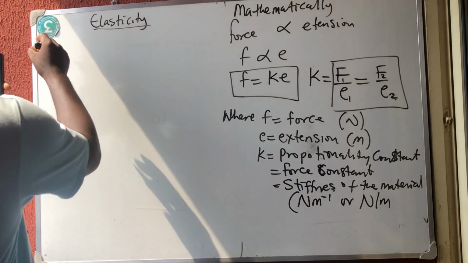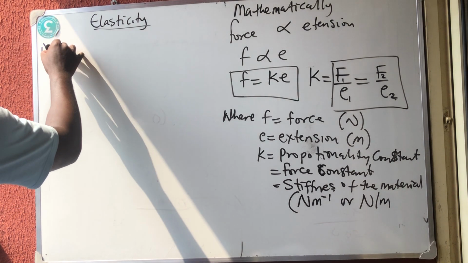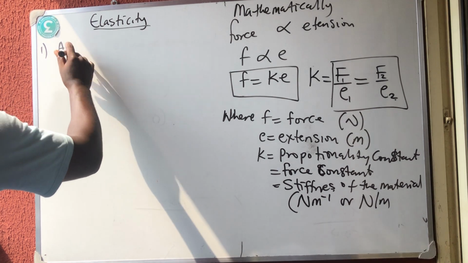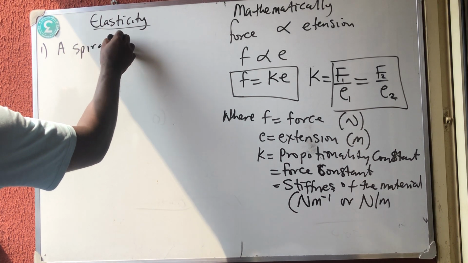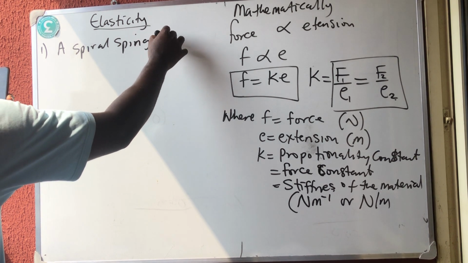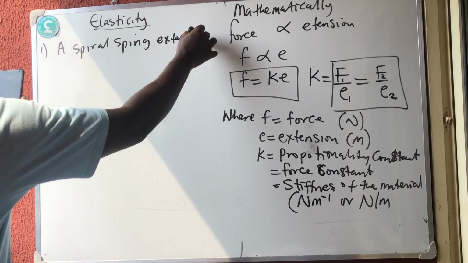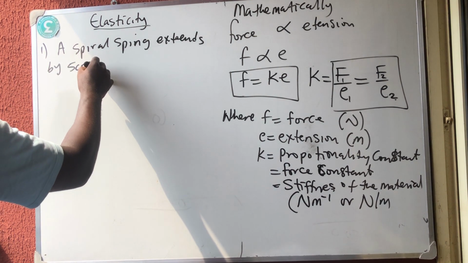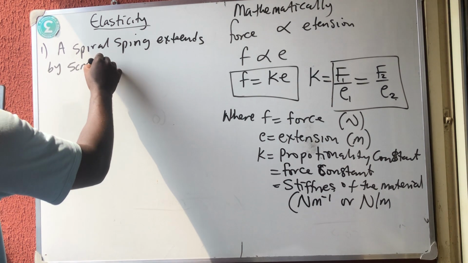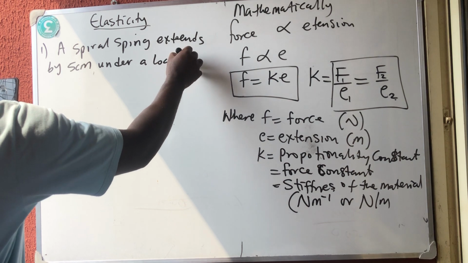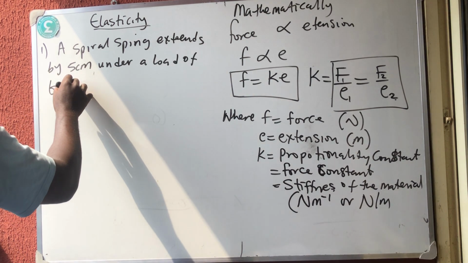The first question, question number 1, said: a spiral spring extends by 5 cm under a load of 60 Newton.